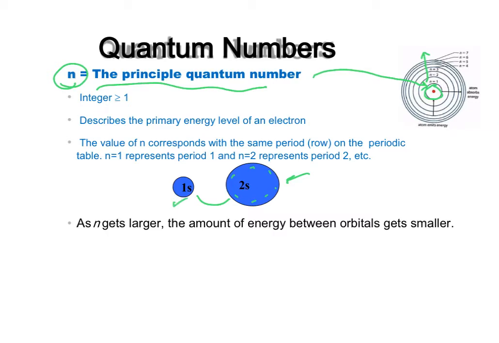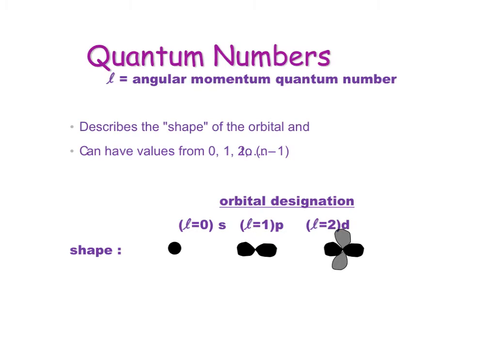The second quantum number is abbreviated with an italic L. It stands for the angular momentum quantum number, and L describes the shape of the orbital, okay? So you can see down here that if we're talking about an s orbital, L is assigned a value of 0.